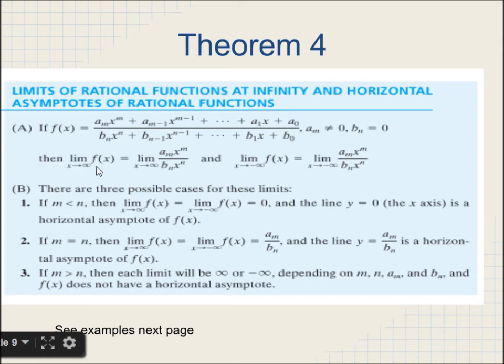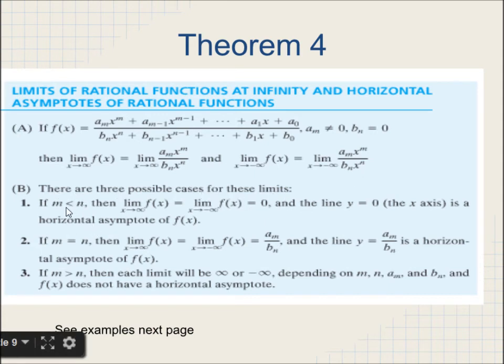Then the limit of the function as x approaches infinity will be the first term with the highest power for both numerator and denominator. You just calculate the first term. Taking the first term of both numerator and denominator, calculate the limit for this function by substitution method and you'll get the answer. Similarly for negative infinity.